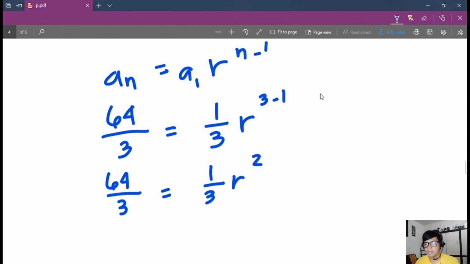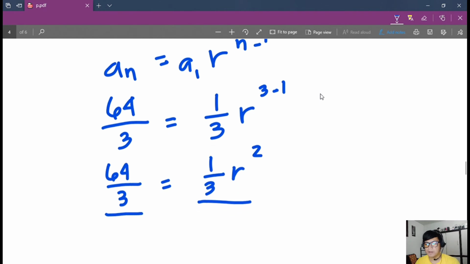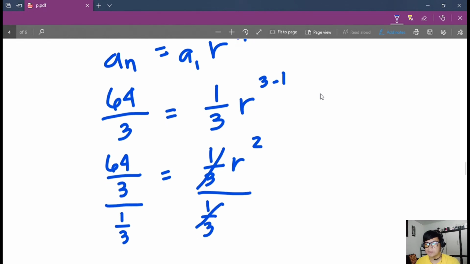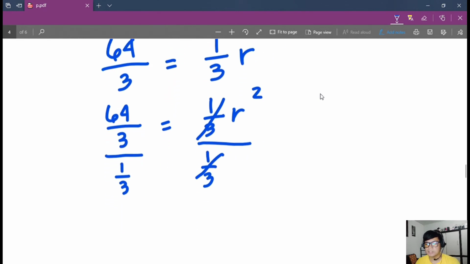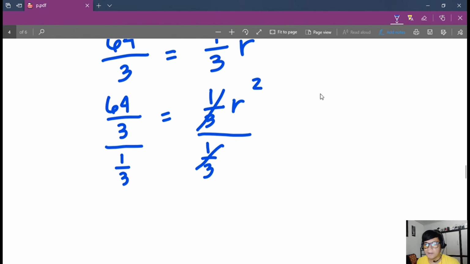Para mawala yan, divide natin both sides by 1/3. 1/3 din dito. Ito mawala. So, ang naiwan na lang is ito, 64 over 3 divided by 1/3.